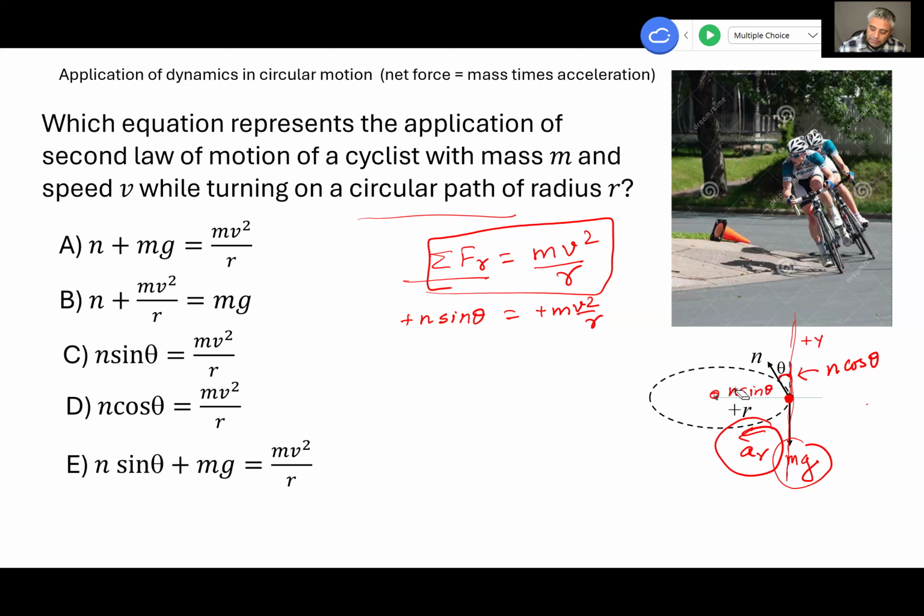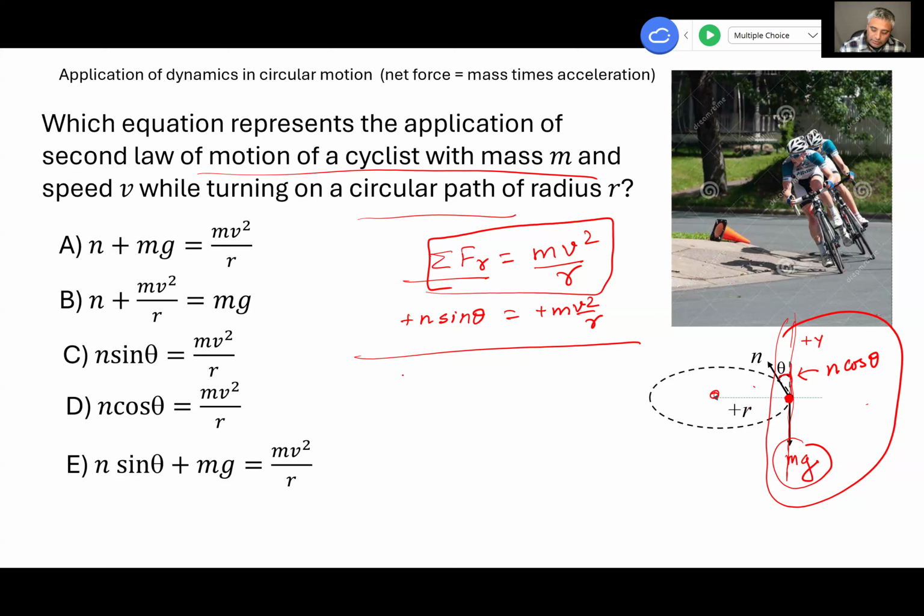Now, if you are thinking, okay, what if I used this and try to write the equation, it just says write an equation. Okay, let's do that one too. So along the vertical direction, we can do sum of forces along the y direction. And since it is not accelerating in vertical direction, it has to be zero.